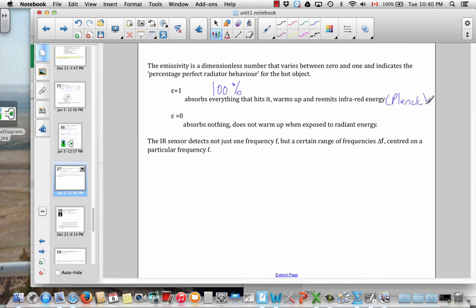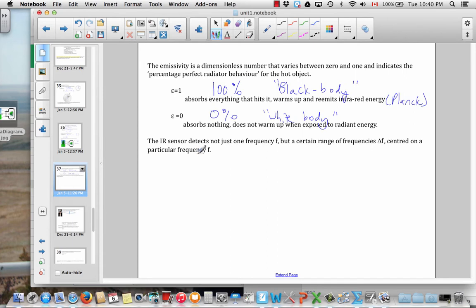So a perfect 100% absorber is also known as a perfect black body, because black objects tend to be really good absorbers. An emissivity of 0% absorbs nothing, and this is like a perfect white body, very reflective of incident energy. And a perfect white body, because it doesn't absorb anything, won't heat up if you put it out in the sun, because it doesn't absorb any radiant energy.